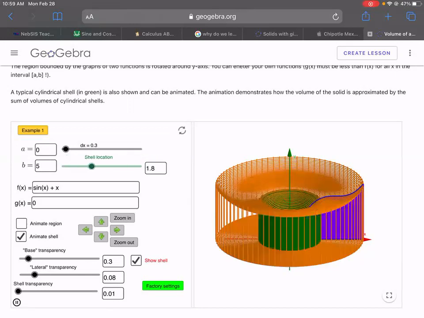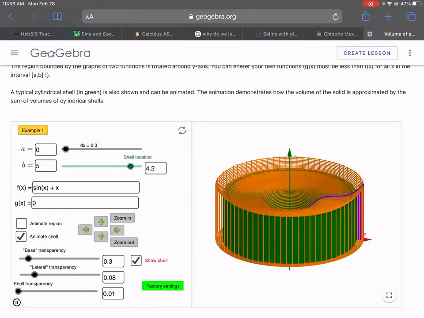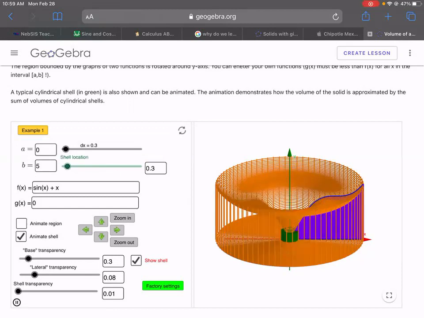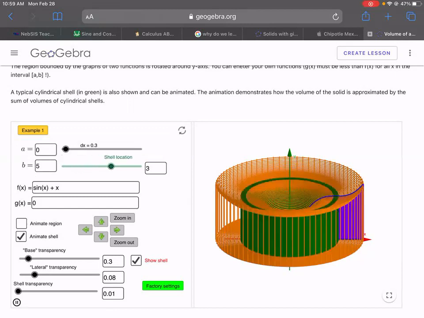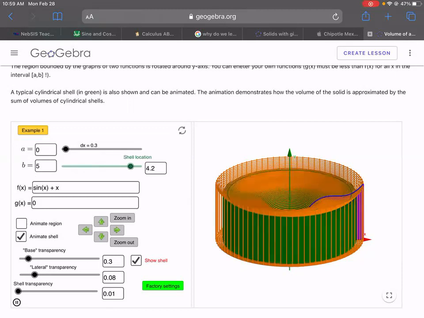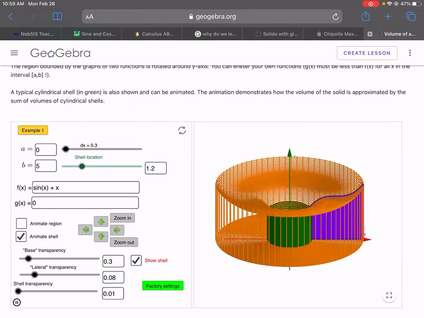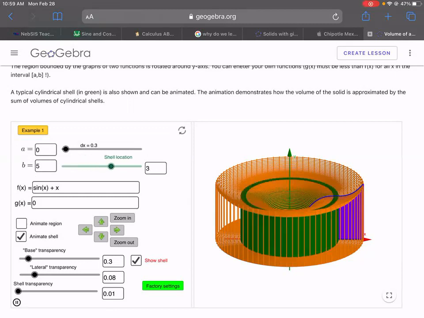You see it? So what are we going to do? We're going to find the volume of those shells and then add them together using an integral.